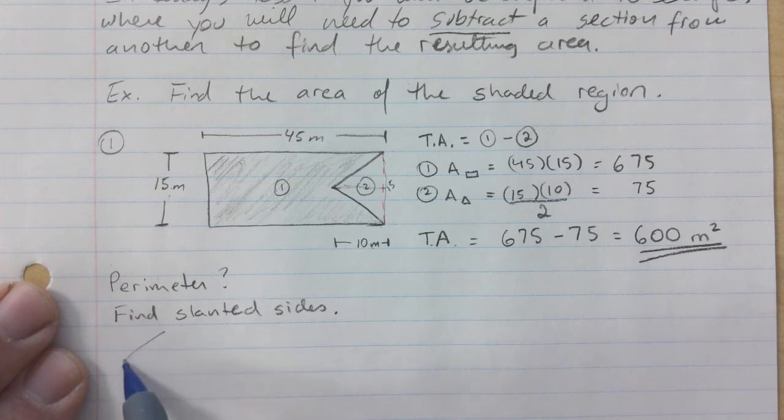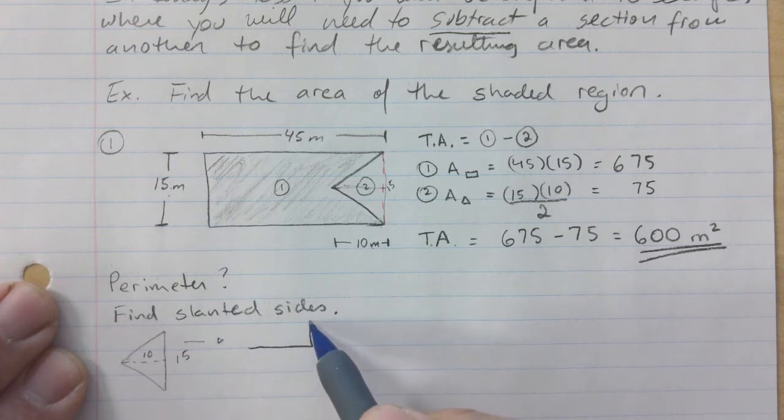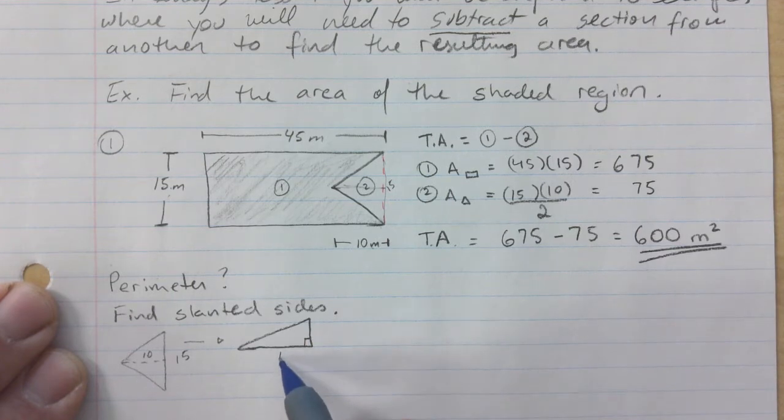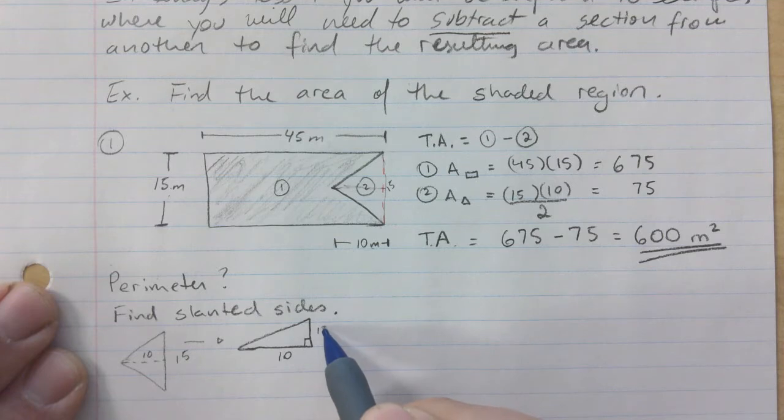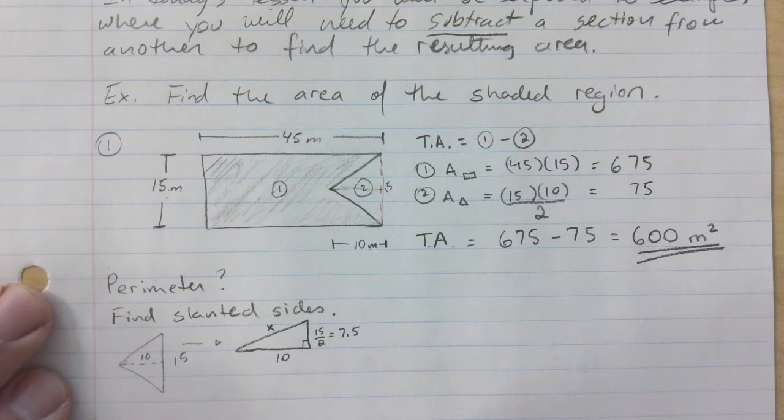So essentially, you first have this. We know that this is 15, and we know that this is 10. Then we're just going to take the top one, just one of them. We know that there's a 90 here. We know that this is 10. This is 15 divided by 2, which is 7.5. And we're going to call this x. X happens to be the hypotenuse.